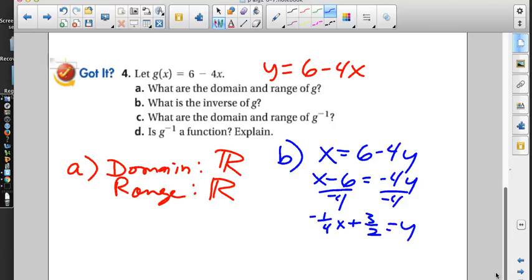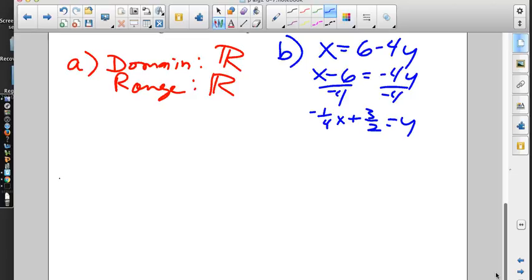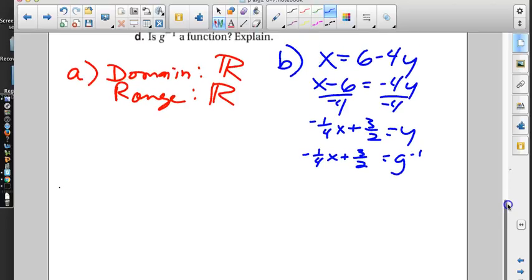And usually the book will put those in slope-intercept form. All right. Well, it said, what is the inverse of g? G was a function, so I probably want to write this as g inverse. And that's because they said, what is the inverse of g? So now we've got our g inverse here.